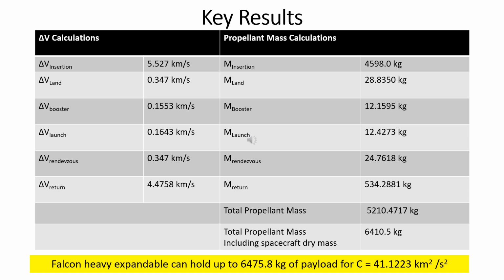The Falcon Heavy Expendable can hold up to 6,475.8 kilograms of payload for our optimum C value. This means that the entire mass of the spacecraft can be launched using the Falcon Heavy Expendable rocket.